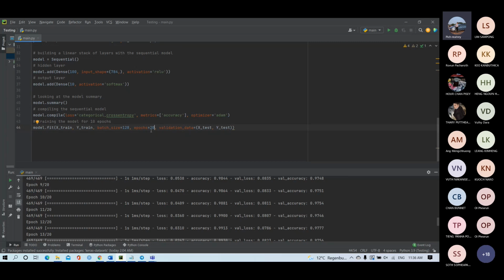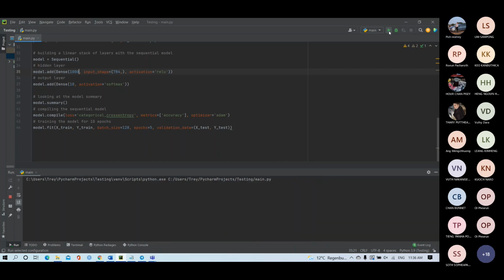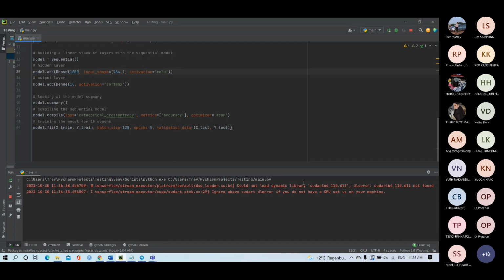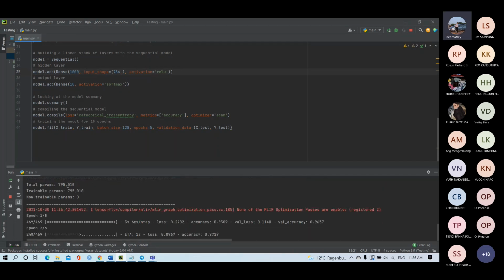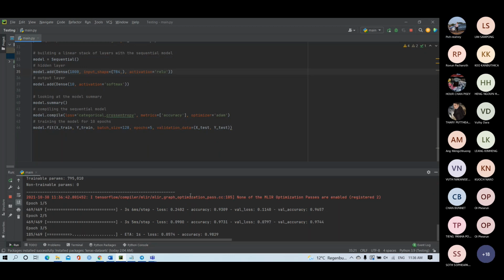For example, I reduce to only 5, but I increase the number of nodes in the hidden layer. So what will be the result? You see, you increase to 1000, and it increases a bit more.